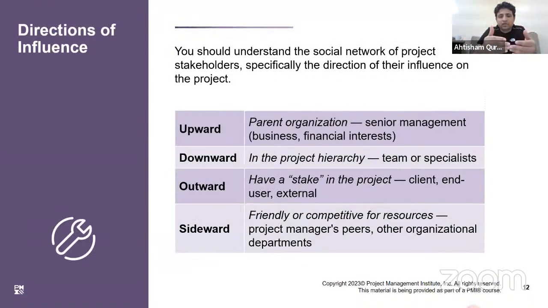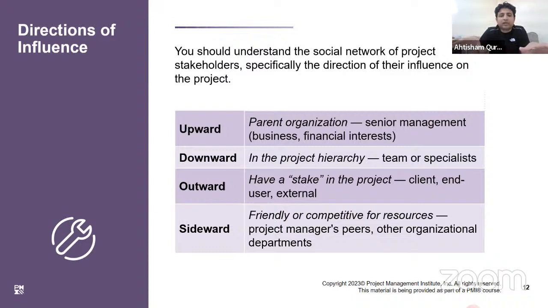Now, direction of the influence. When you say how influential a stakeholder is, it can be an upward influence, like they know many people in the senior management, or they have downward influence, like teammates. They may be technical experts and the team needs them. Or you may have a stakeholder which has outward influence, like clients, end users, external parties, and sideward.